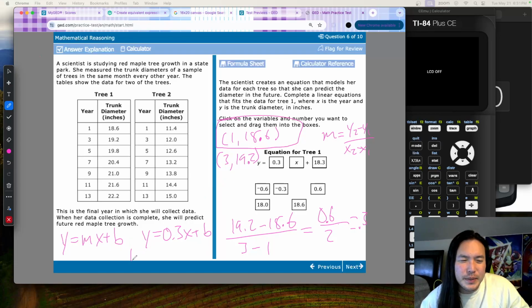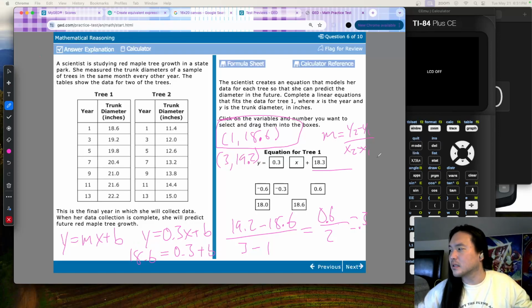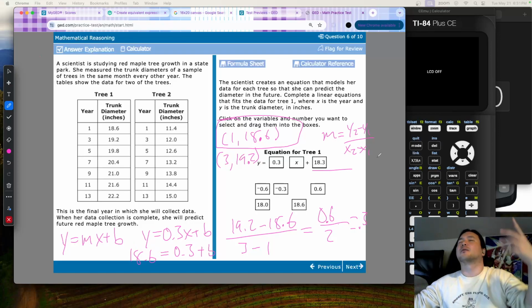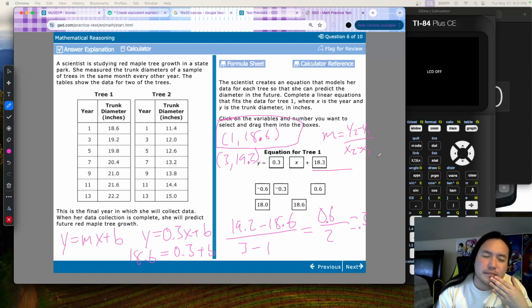So y is going to be equal to 18.6, and then x is equal to 1. 0.3 times 1 is 0.3. So b plus 0.3 equals 18.6. Hopefully it's obvious that b is equal to 18.3. 18.6 minus 0.3 is 18.3.